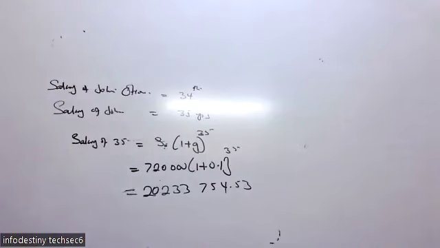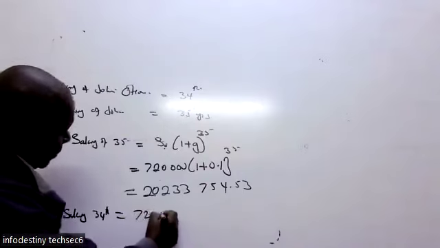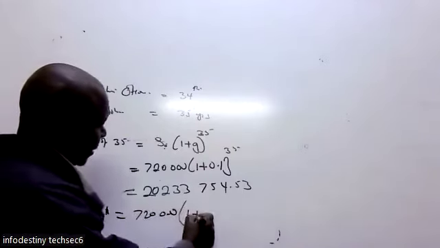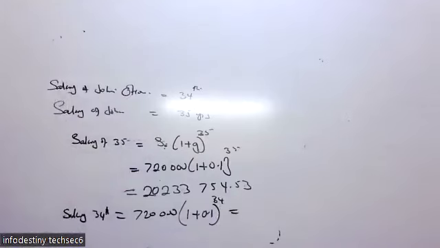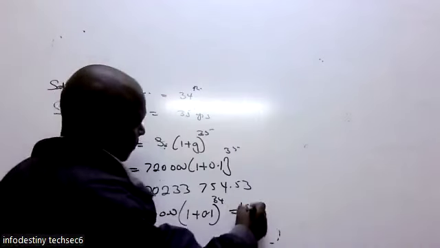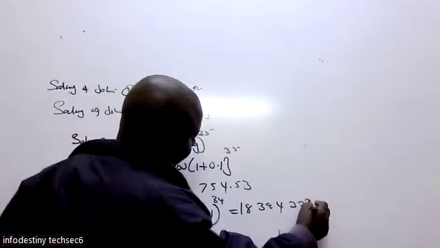And for this one, for 34, the salary will be equal to 720 into bracket 1 plus 0.1 raised to 34, to give us 18,394,322.3.